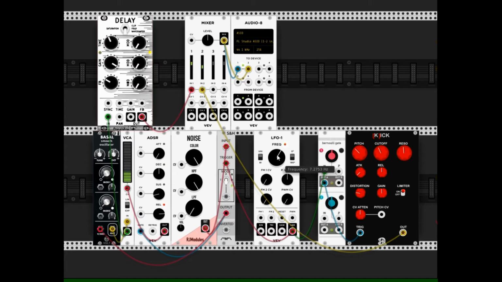And while changing the frequency, it's getting clear which problems I'll have with this patch. It is not very useful. It has to be a part of a larger patch, perhaps a larger rhythm patch, or even a larger patch as a whole, not only rhythms.